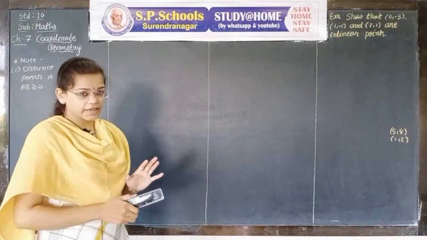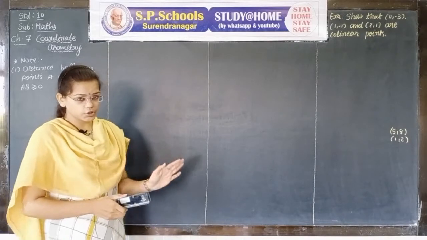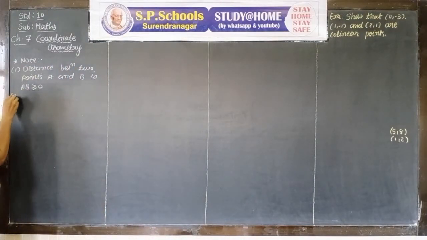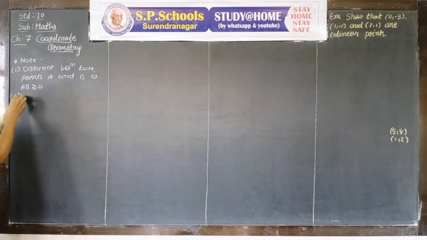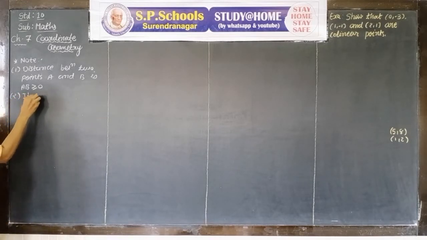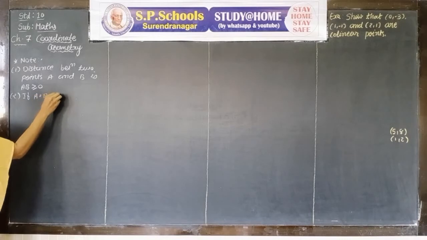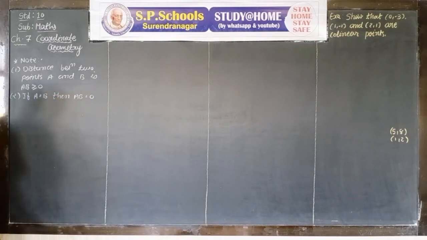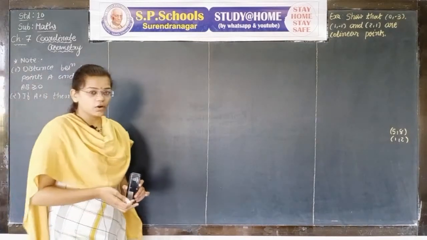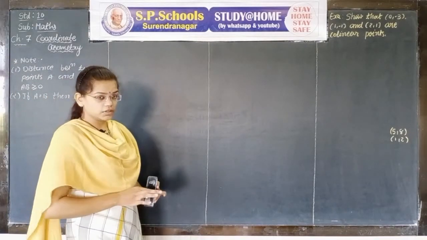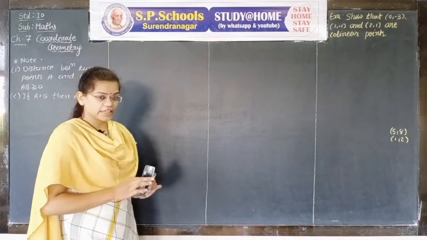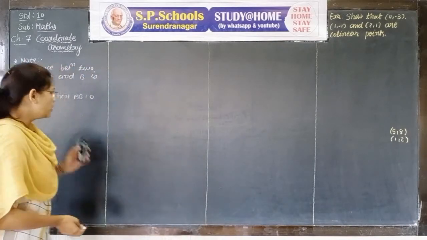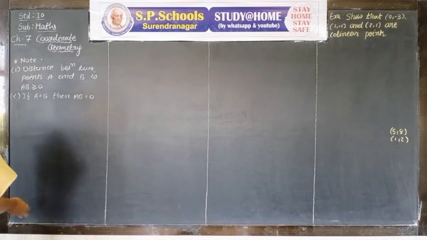Distance can't be negative, it is always 0 or greater than 0. Keep that in mind. The second one: if A is equal to B, then AB is equal to 0. A equal to B denotes that the 2 points are equal. If the coordinates of point A are (2, 3), and B is also (2, 3), then the distance between these 2 points is always 0.